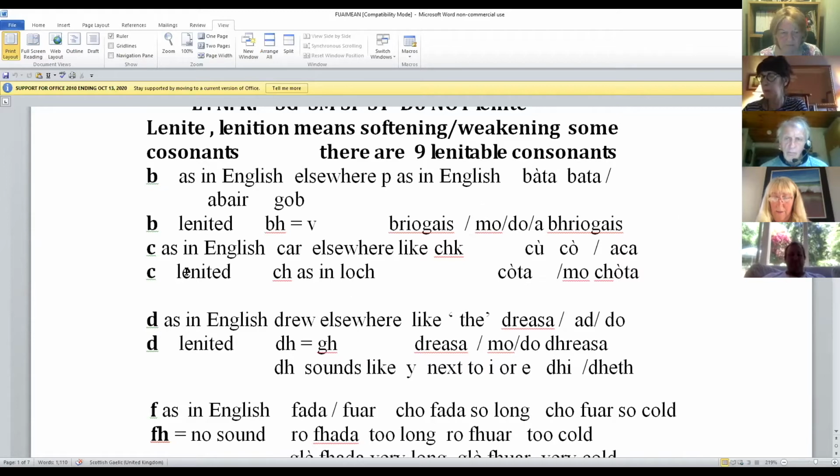We change that. C as in car. Elsewhere, it's as if you're clearing your throat. So ku, ko, achke. Ku, ko, achke.